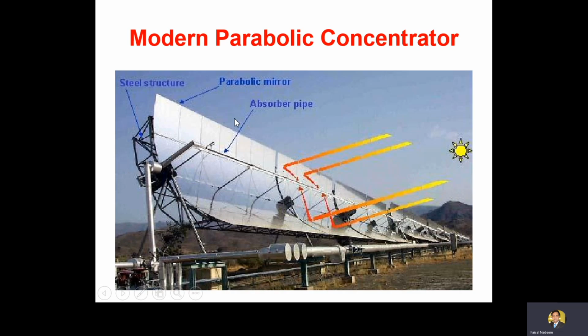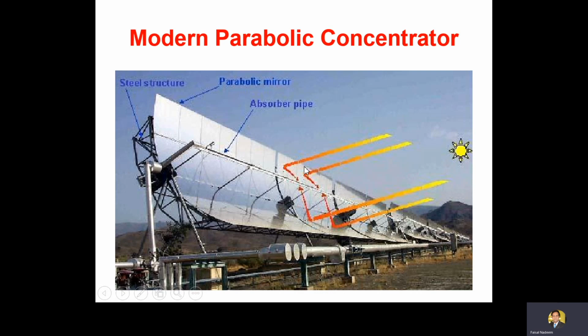Again, this slide is clearly explaining the same concept. The light is incident on these cylindrical parabolic trough collectors, and after incidence it gets reflected back, and after reflection it hits these tubes. These absorber pipes have a liquid flowing inside them.